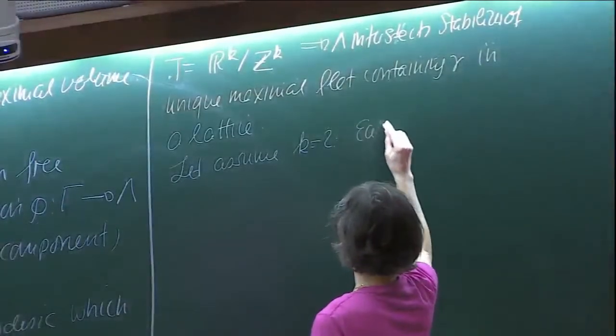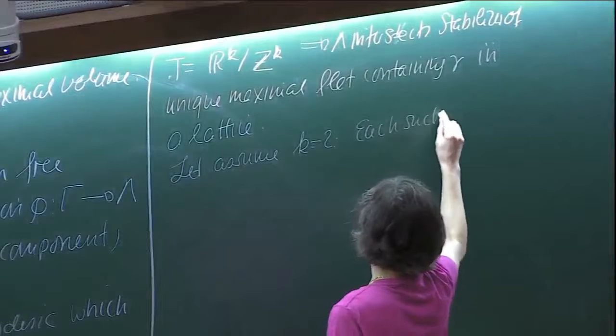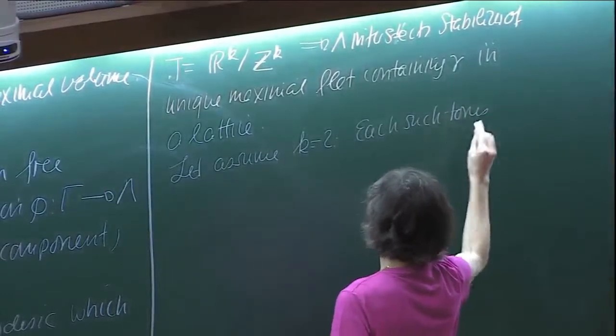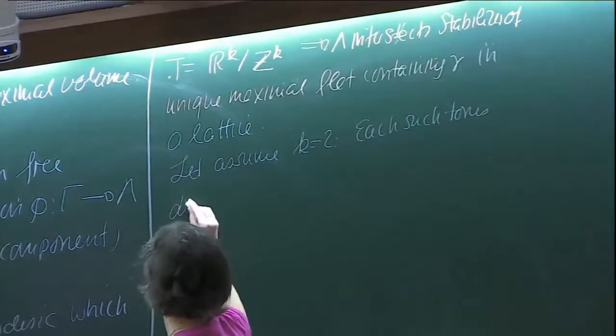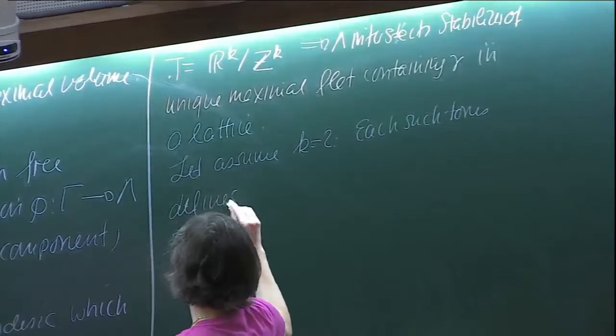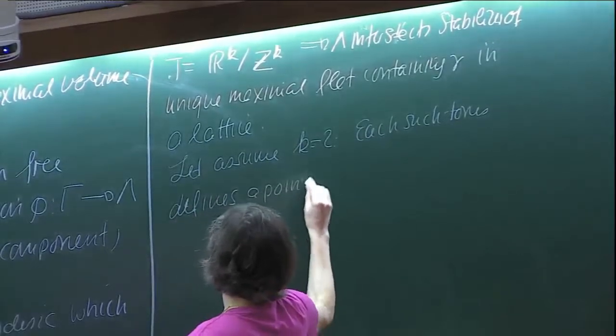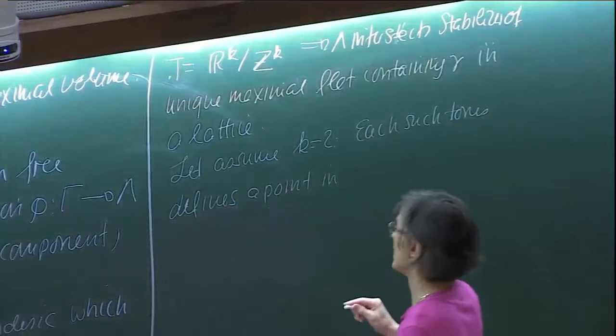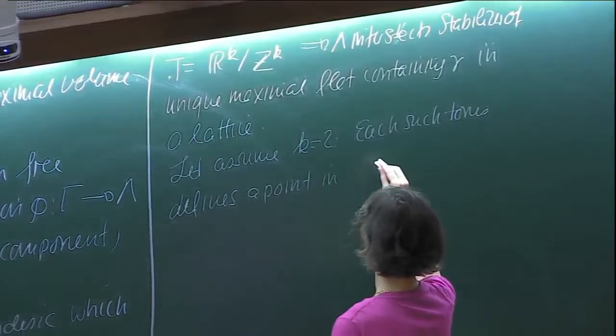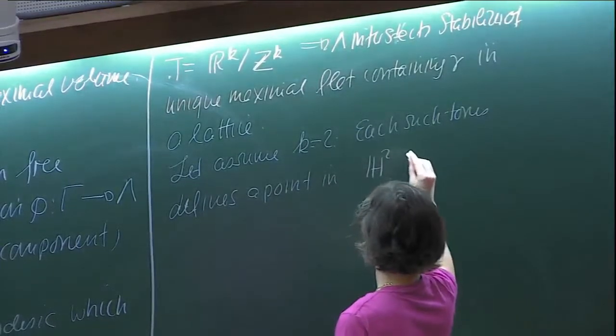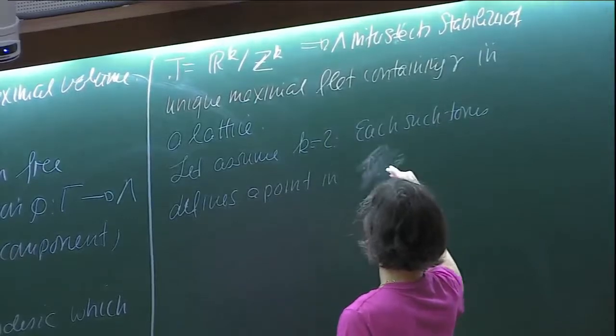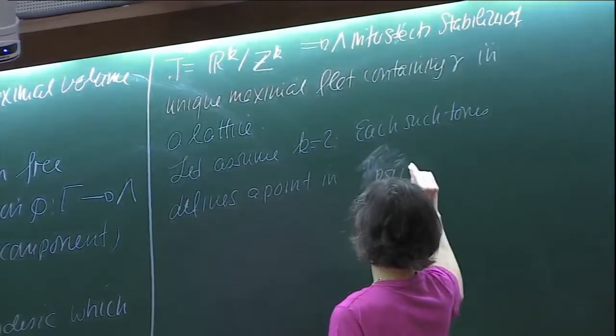In this case, each such torus defines a point in the moduli space of tori, which is equal to H2 divided out, maybe I want to write it from the left, PSL2(Z).